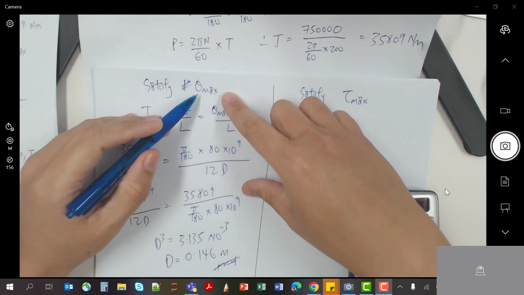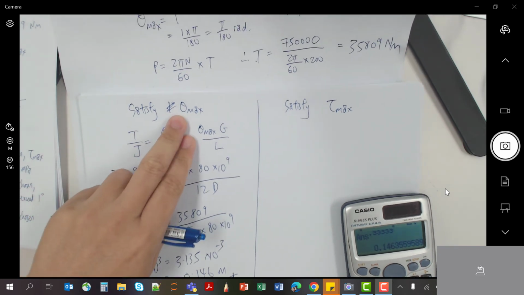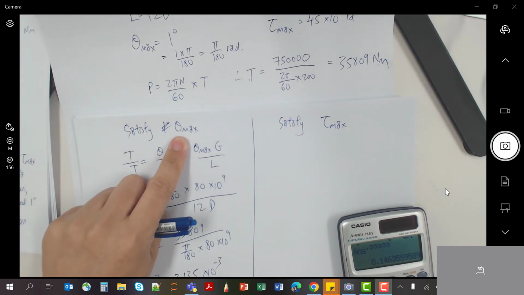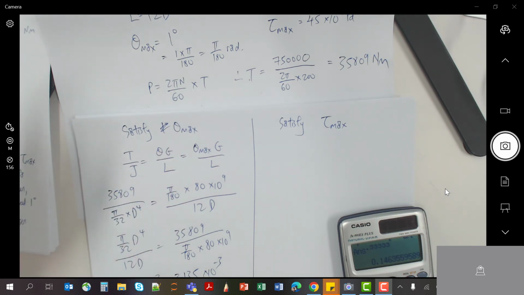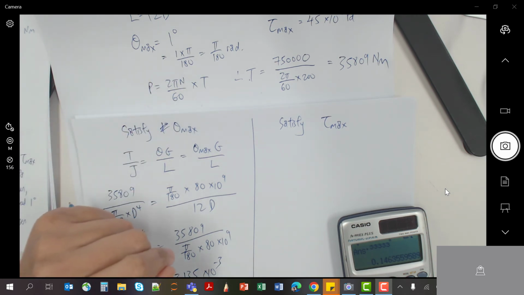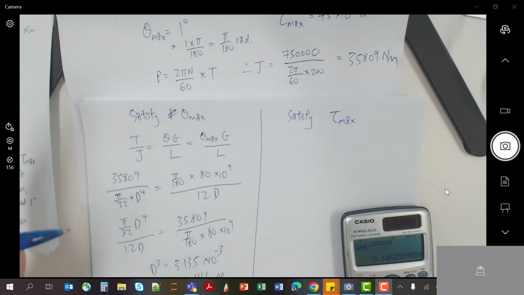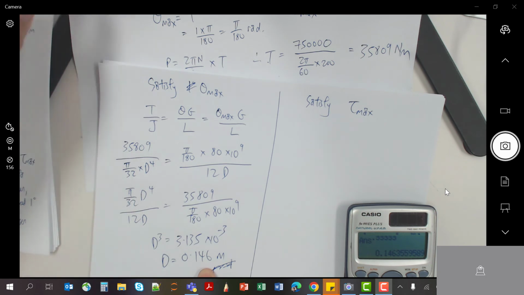With a maximum twist of 1 degree, my diameter can go as low as 0.146. If my diameter drops to 0.145, my twist will be bigger, correct? Because the thinner my rod, with the same torque that I apply, my twist will be higher than 1 degree already, so I cannot satisfy. The minimum my diameter needs to be is 0.146.